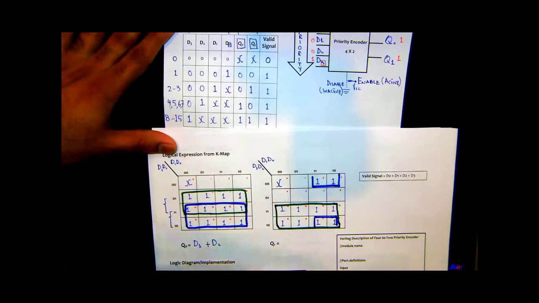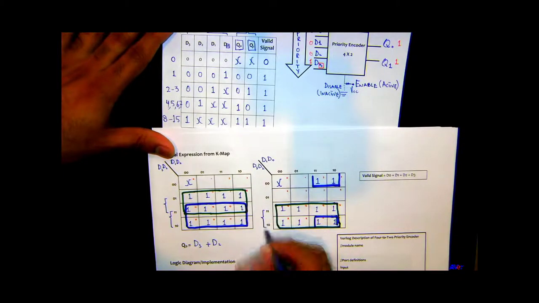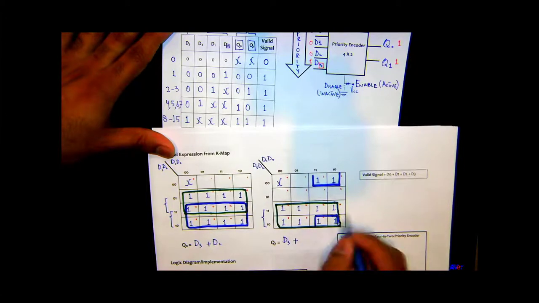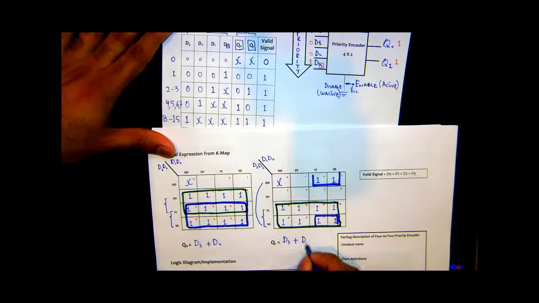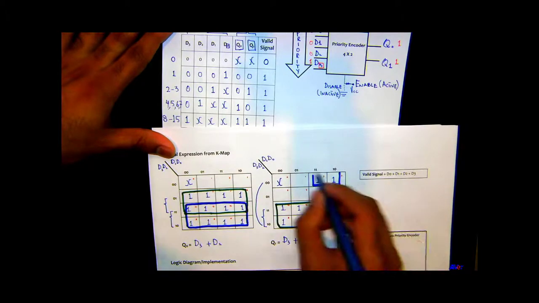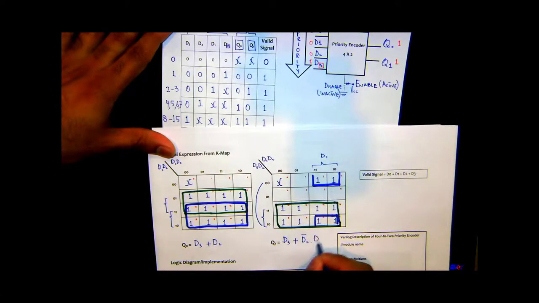So now the expression would be, for this green one, D3, plus, and for this quad, the common here is 0, so D2 bar, and the common here is D1, so D2 bar dot D1.